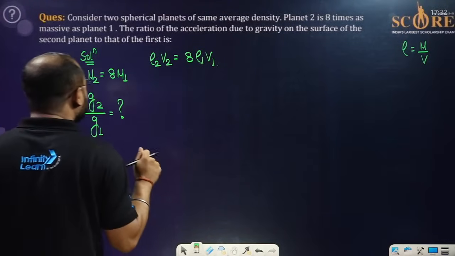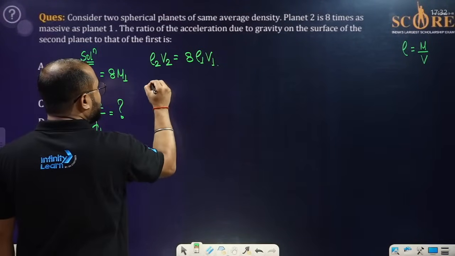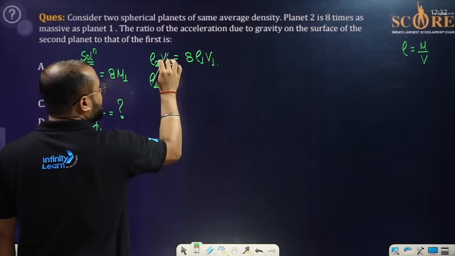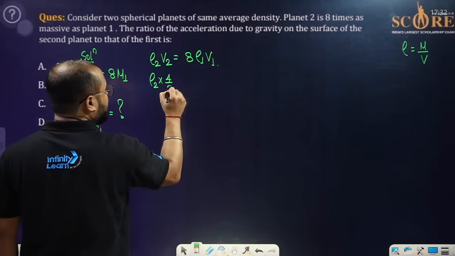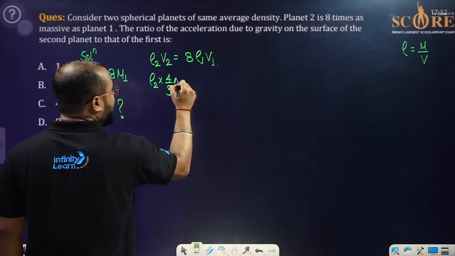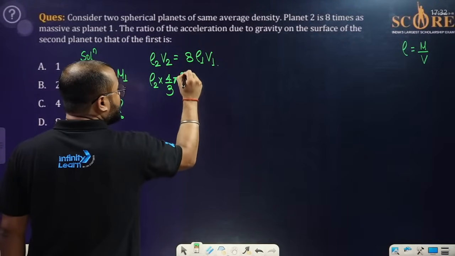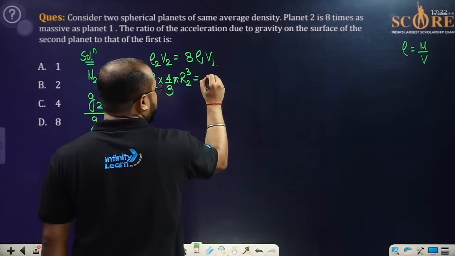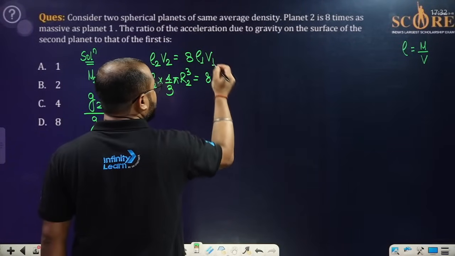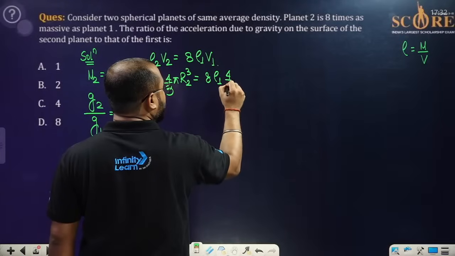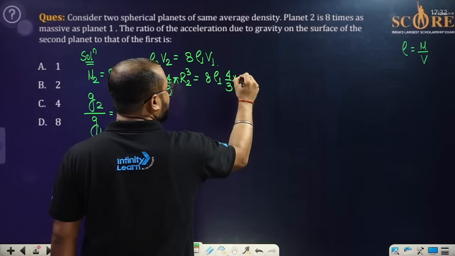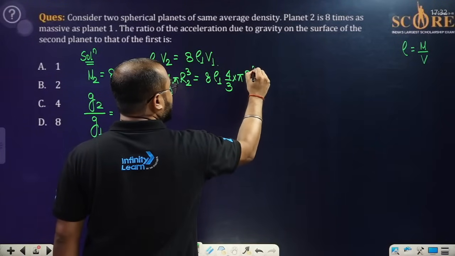So density 2 times the volume, 4 by 3 pi r2 cube, will be equal to 8 times density 1 times the volume, 4 by 3 pi r1 cube.